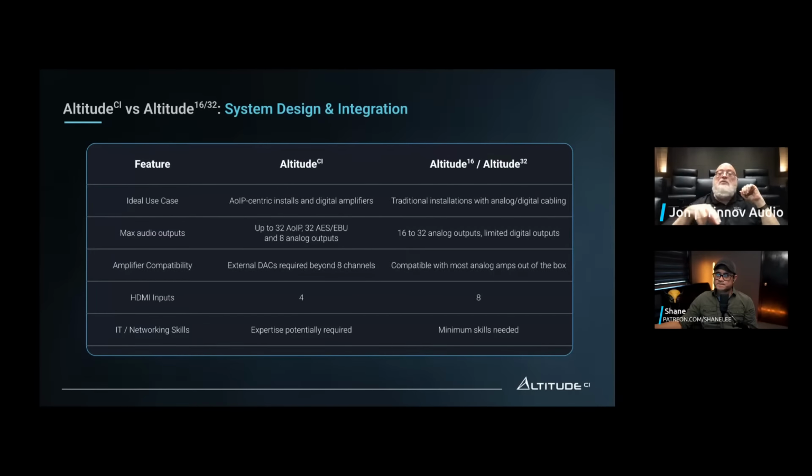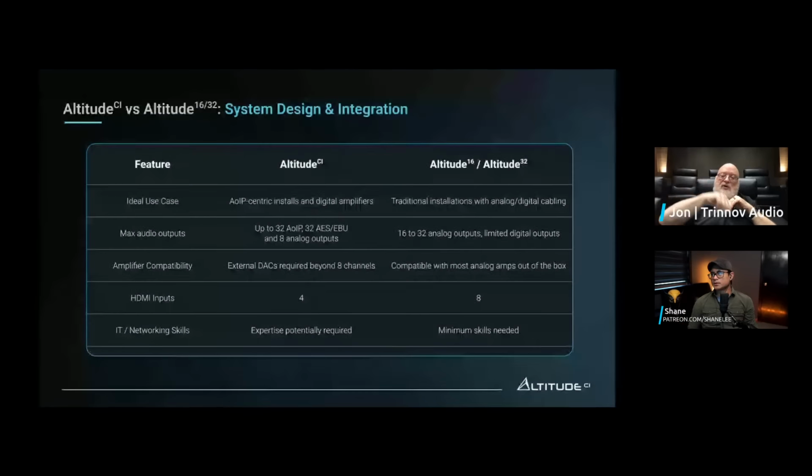Presumably one feed would come from that matrix switcher, and then you'd have three more inputs for local sources: your Apple TV, your Kaleidoscape Strato, your Blu-ray player, whatever. So if you do need more than four HDMI inputs, that's another reason to look toward the other guys.